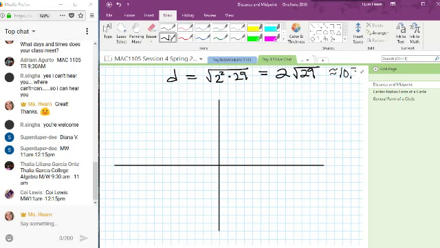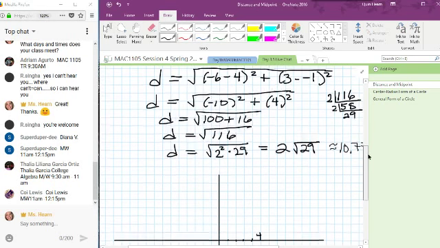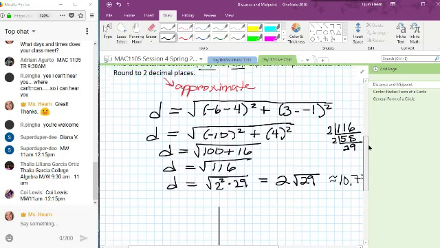Okay, so 4, -1, 1, 2, 3, 4, -1 would be about here. And then the other point was -6, 3.